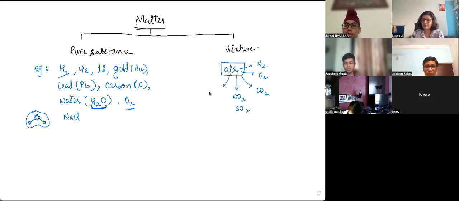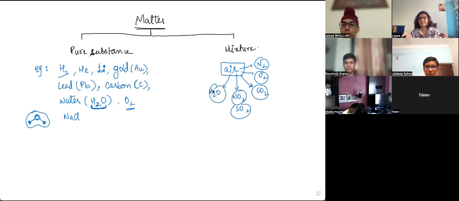You have water vapor also, because it's raining pretty heavily. Now there's no chemical bonds between them. All these molecules are there, but they're just chilling around with each other.